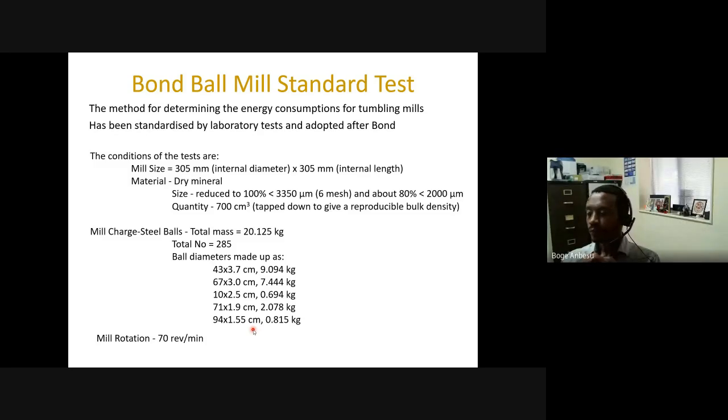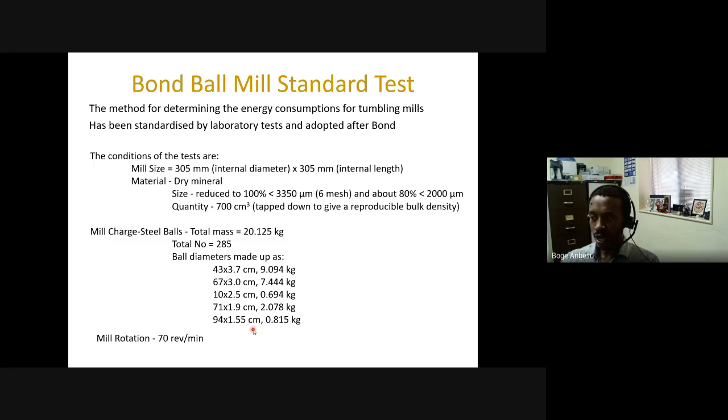Okay, good. So in terms of revolutions per minute, I want to emphasize that this is based on a method that Bond developed, and it's more of a standard method. In this case, for example, mill size was around 305 millimeters in diameter. He specified the conditions for feed and product size, the initial mass of the sample, and the revolutions per minute.